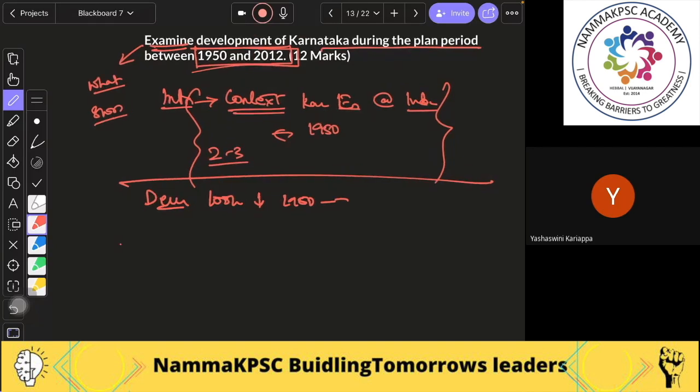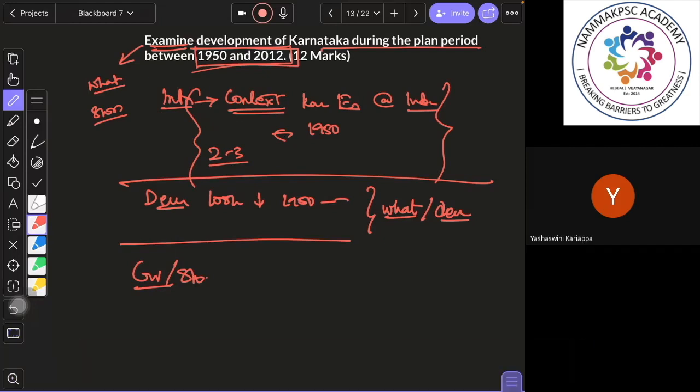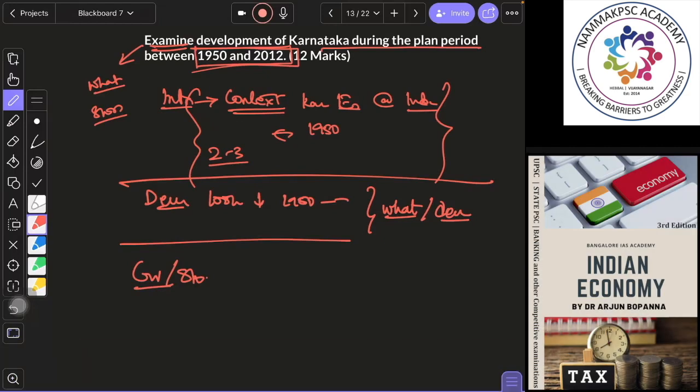So you have to write what development was done, infrastructure wise, agriculture wise, and any schemes and programs that were implemented during the plan. Then you can write the criticism or shortfall, like how we had planning shortfall at the level of India in the first question.